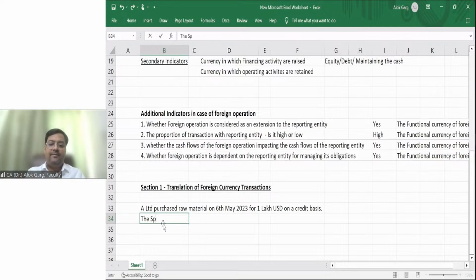The spot rate between USD and INR is 80 INR per USD.